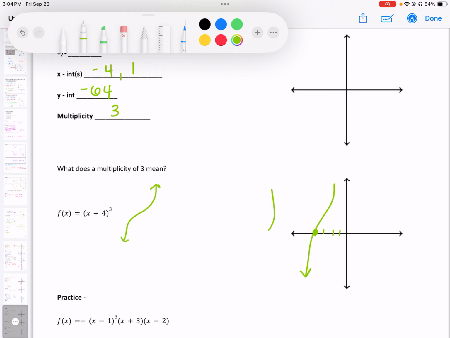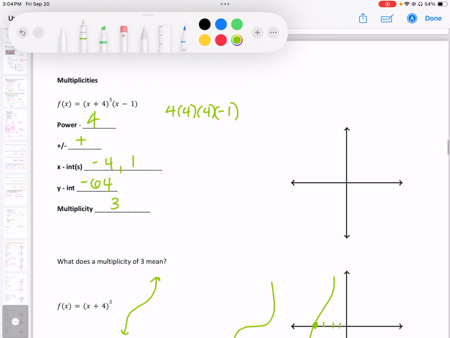If I really exaggerate it, it'll look something like this. So at -4, we have that happening. We're going to come down, really flatten, come back up to touch our x-intercept, and then come up. It really has a deliberate curvature to it instead of moving right through.